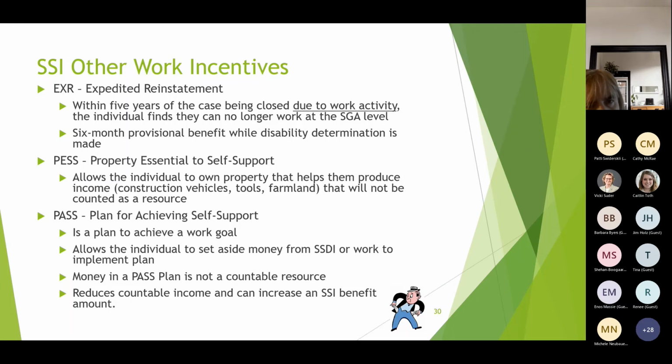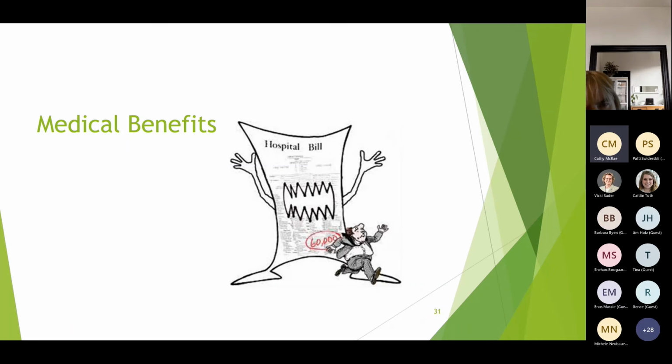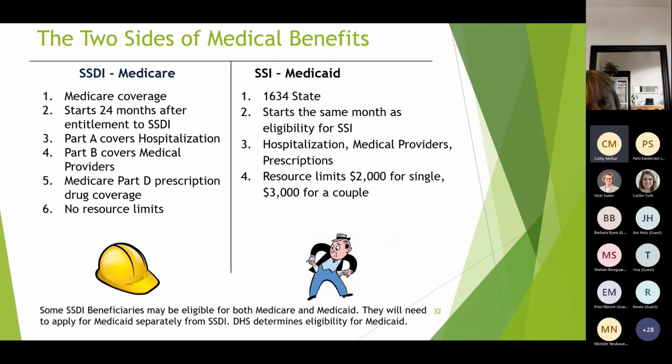Okay. I know we're running out of time, so I'm real quickly going to run through medical benefits. So if we can go to the next slide and then the next slide. So there are two sides. There's Medicare and there's Medicaid. SSDI comes with Medicare. You get coverage after 24 months. Part A covers hospitalization. B, medical providers, which is like doctors and nurses. Part D covers prescriptions.